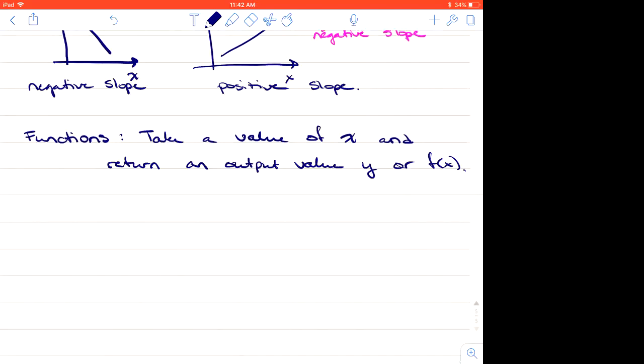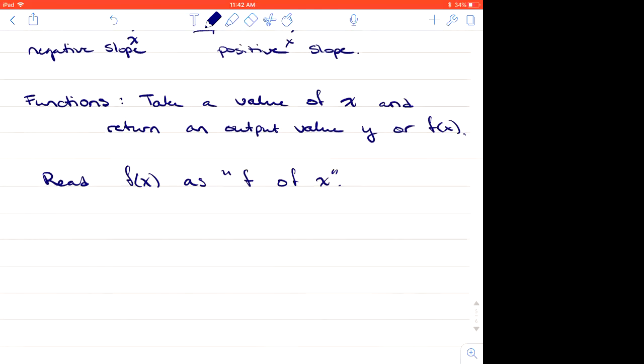So when I write f of x, I want you to read it as f of x. So we can write y equals f of x.